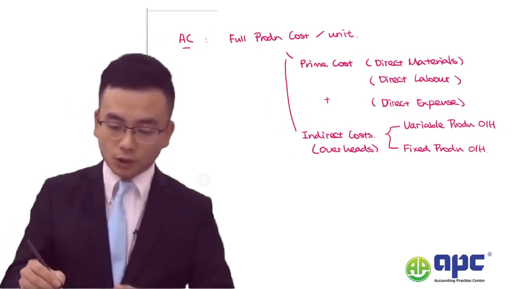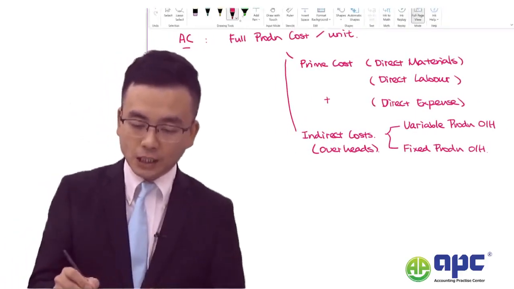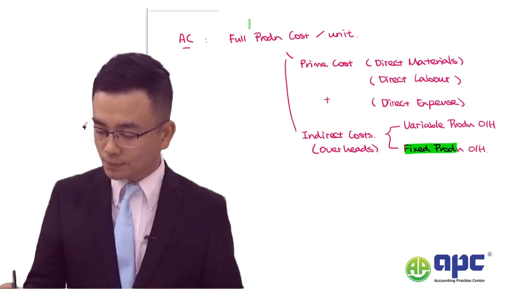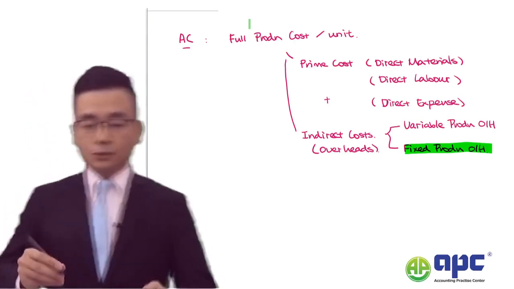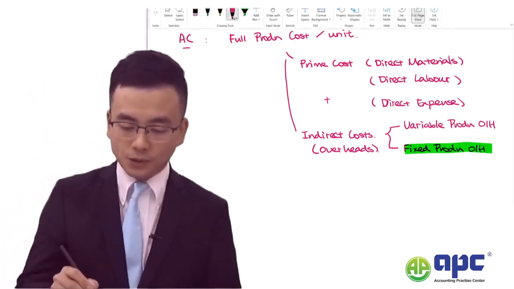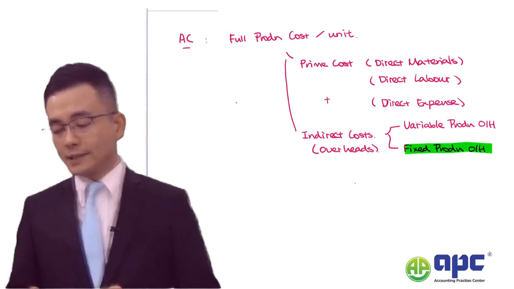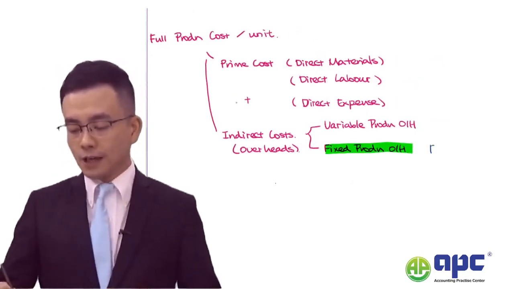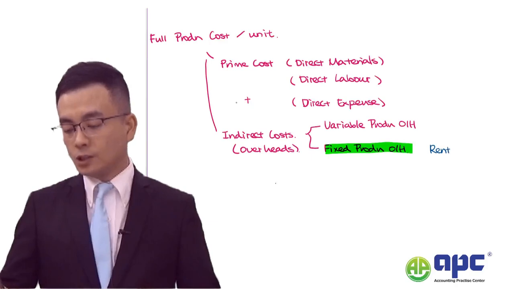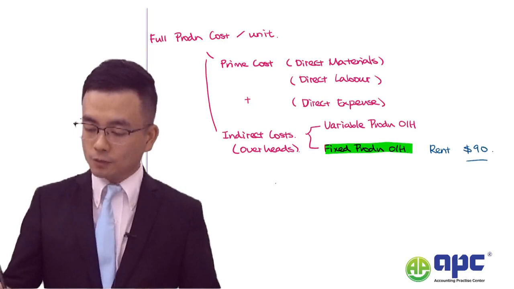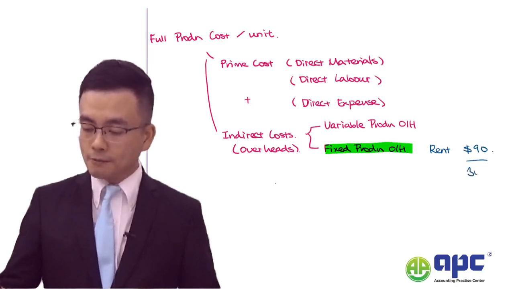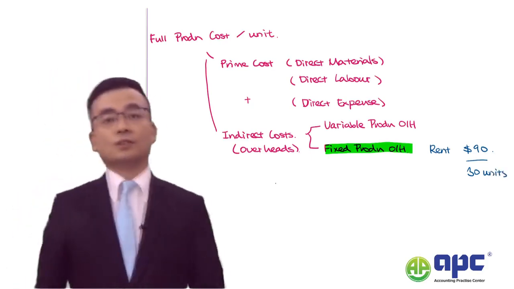Now, the absorption costing is actually looking at this one, the fixed production overhead. Okay, so let me just give you a very straightforward example. Let's say that our rent and rate, or rental expense, is $90. And we have got, let's say, 30 units of products produced.